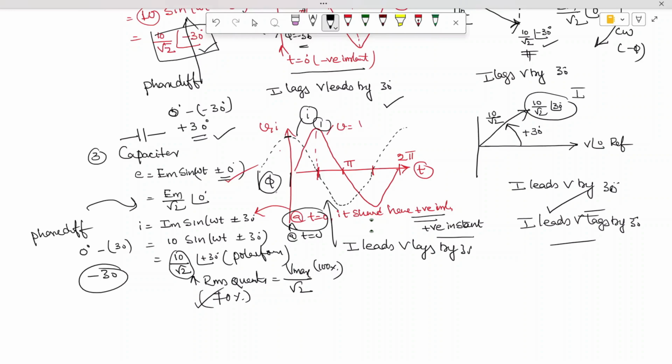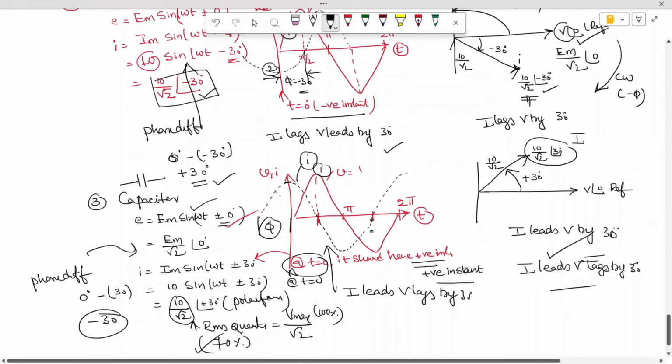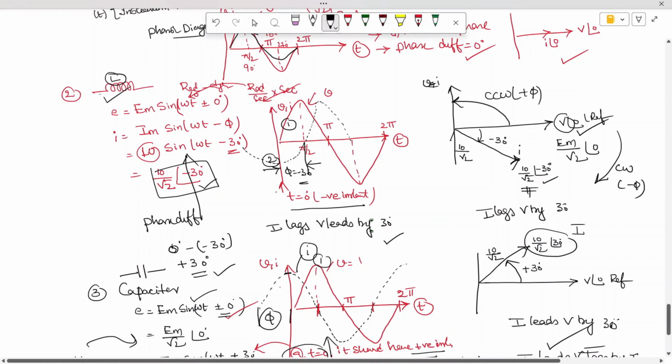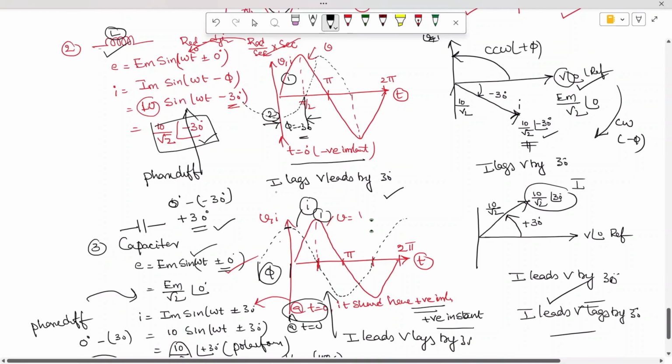This is how to understand the beauty of the phasor diagram. In the case of an inductor, current lags voltage by 30 degrees, and in the case of a capacitor it leads. Hope you have understood the phase difference well.